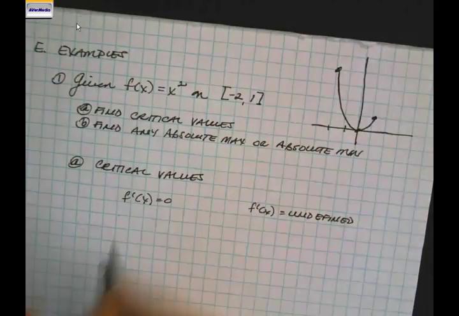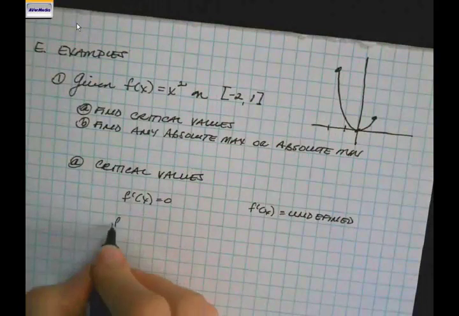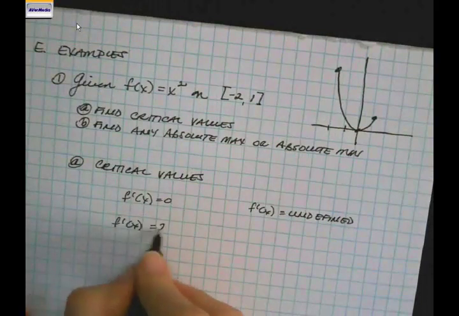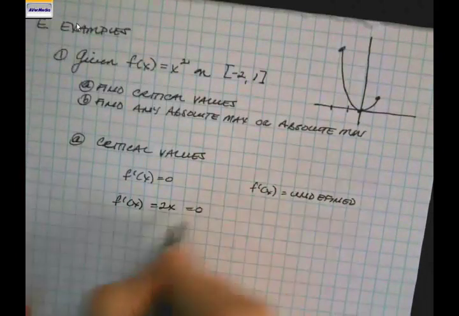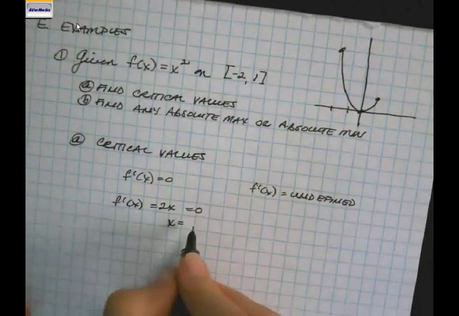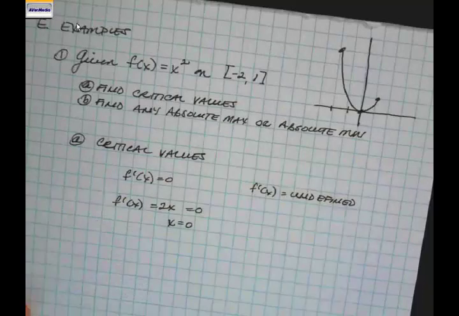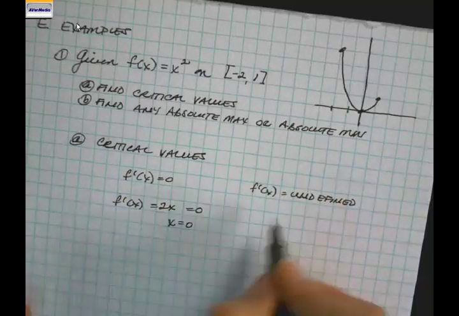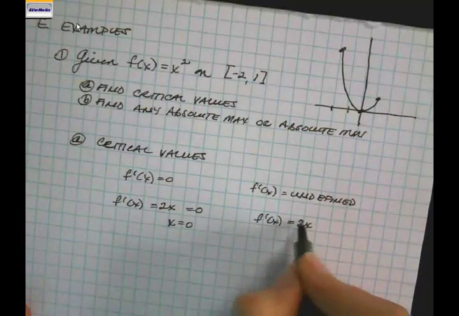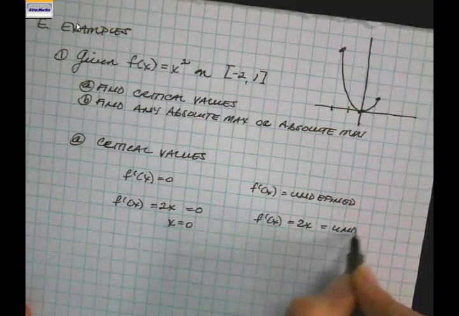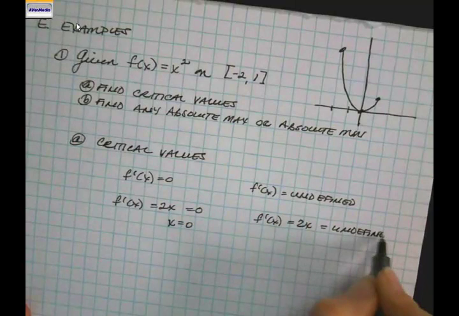So f prime of x equals 2x. Where does 2x equal 0? When x equals 0. So there's a critical value. Does 2x ever equal undefined? Can 2x ever be undefined?